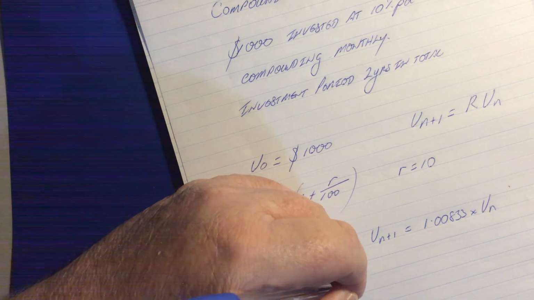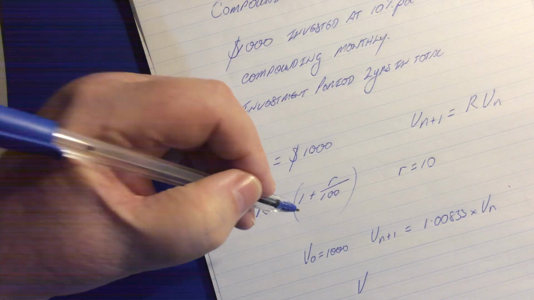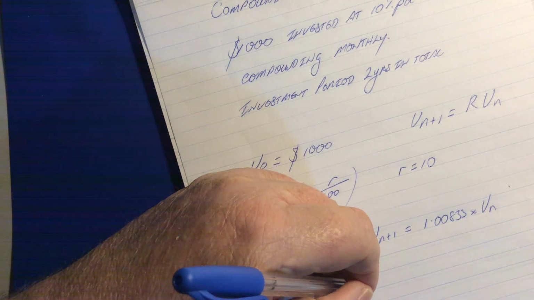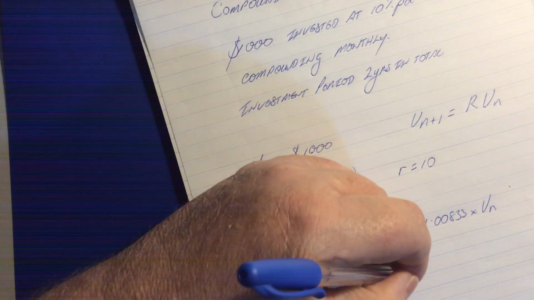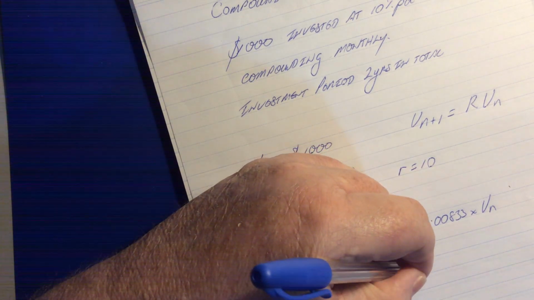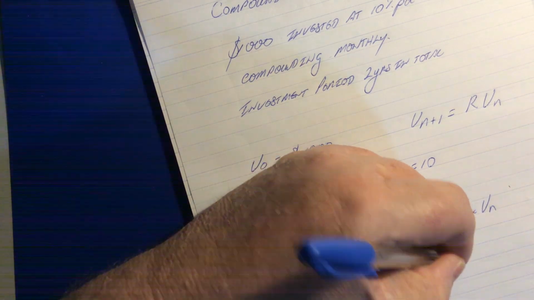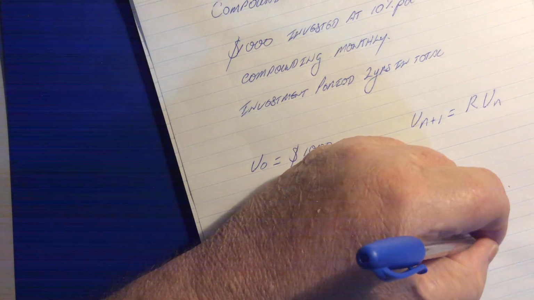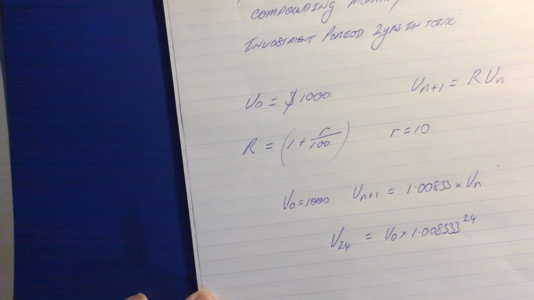So this is what we do. We know the number that we're looking for. We're looking for V24. And what that is equal to is V0 times 1.00833 to the power of 24. So that's the shortest way of doing this.